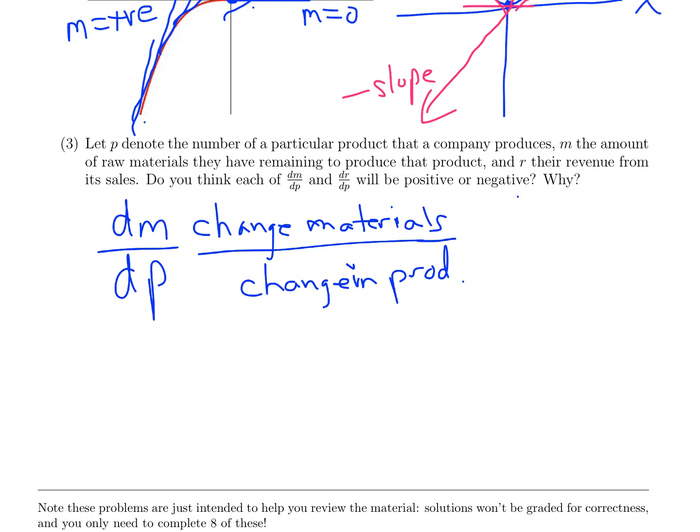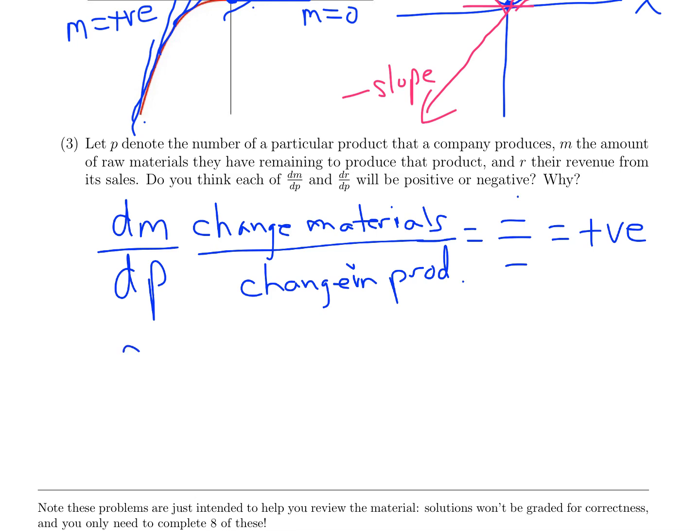And so I think we'd be looking at a negative value here corresponding to a negative value here. Like the more that the supplies go down, the less we're able to produce. So overall, a negative over a negative would give us a positive, wouldn't it?